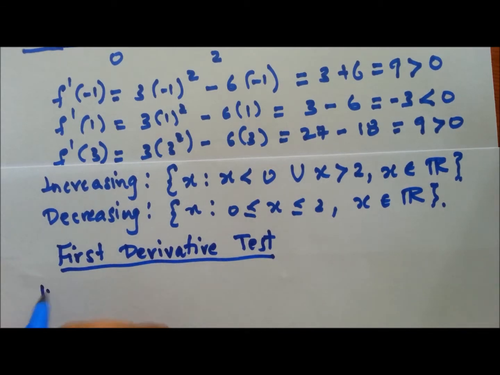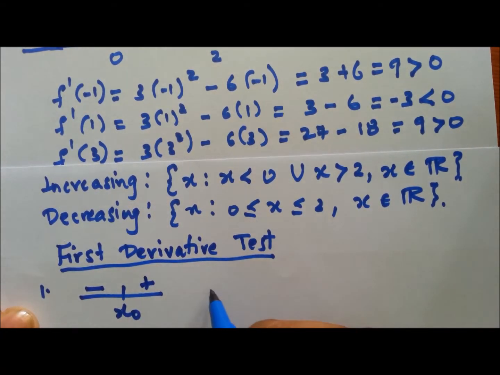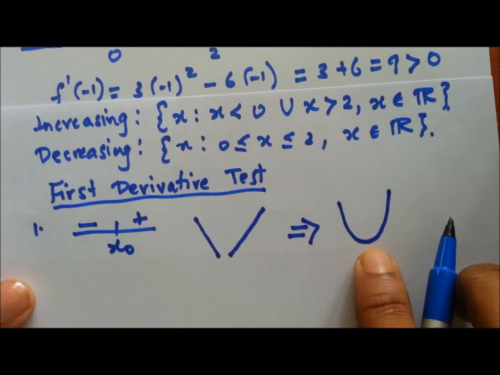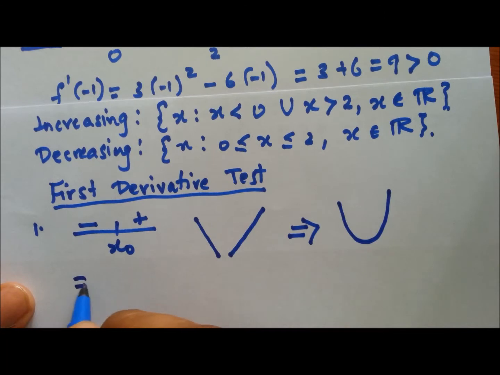If, to the left of a critical point x0, the slope is negative and to the right it is positive, a negative slope is something like this and a positive slope is something like that. Put together, that becomes something like a U. This implies that it is a relative minimum.